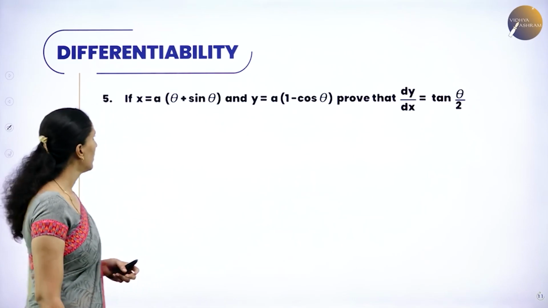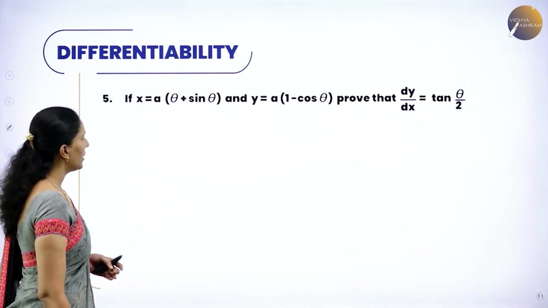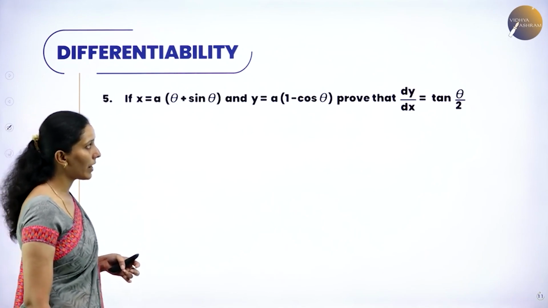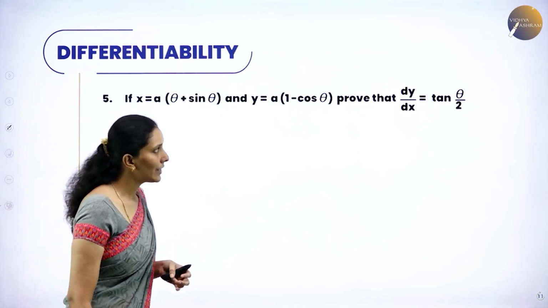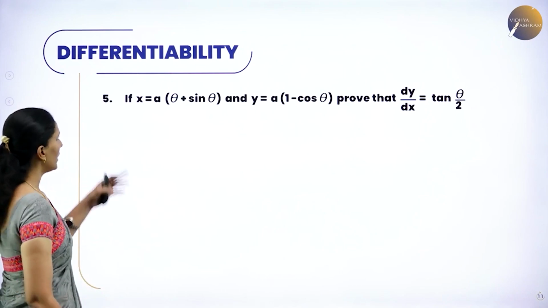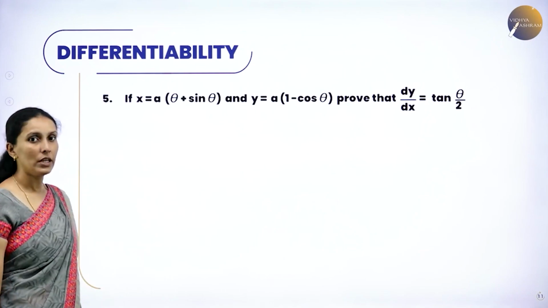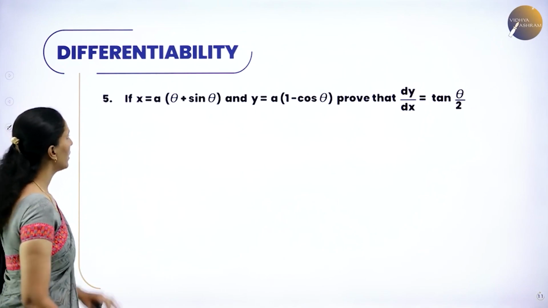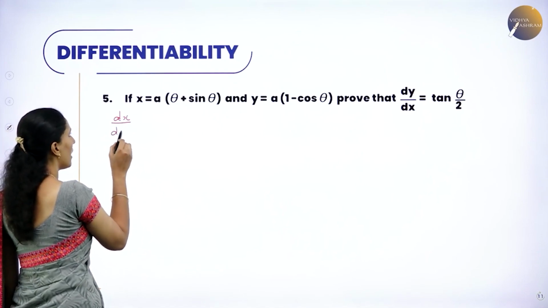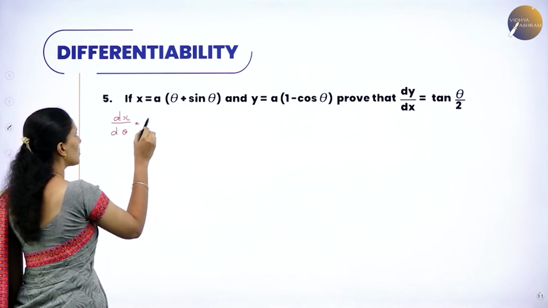Next question. If x is equal to a into theta plus sin theta and y is equal to a into 1 minus cos theta, prove that dy by dx is equal to tan theta by 2. So here it's a parametric function. So let us derive with respect to theta. So now here I'll take dx by d theta. So a is constant.